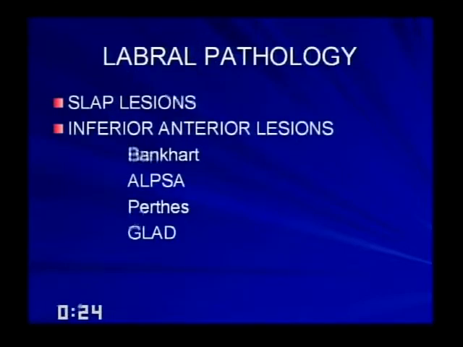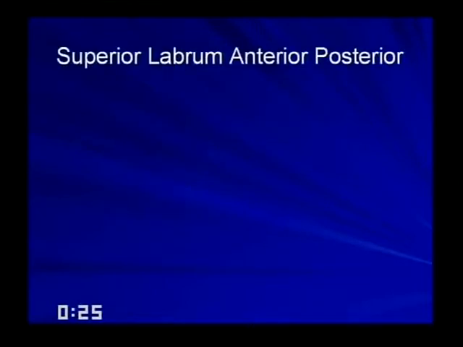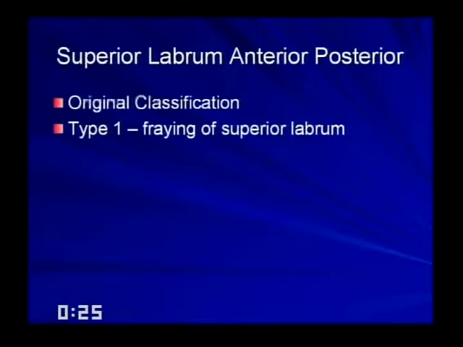Now, let's talk about labral pathology, SLAP lesions, and then we're going to talk about the Bankart lesions and the Bankart variants. I think if you group all these together, they're sort of Bankart variants. SLAP lesions, superior labrum, anterior, posterior. Originally, they were 4 classifications, and now they've gone on to 9 and then to 12.